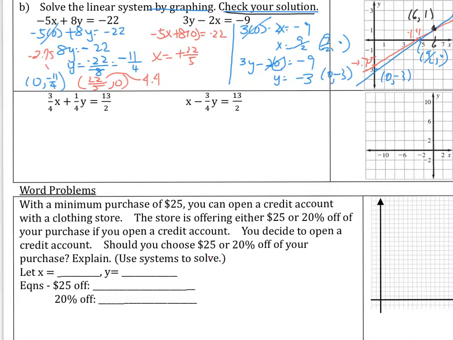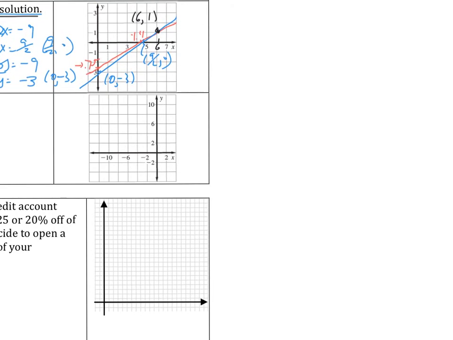So I'm going to work it out to the side here. Your first equation was negative 5x plus 8y equal to negative 22. I'm going to substitute (6, 1) in to see if it works.